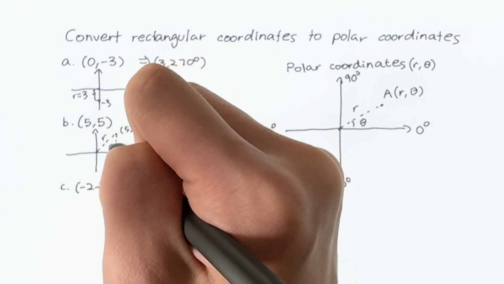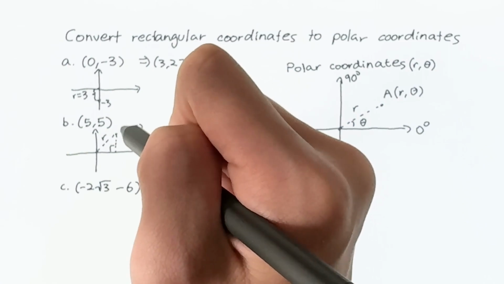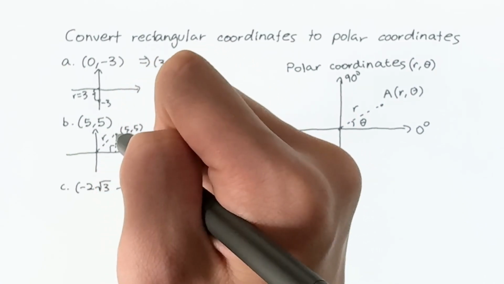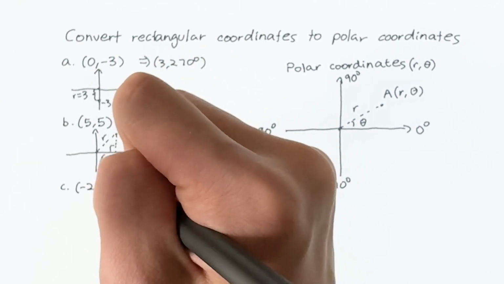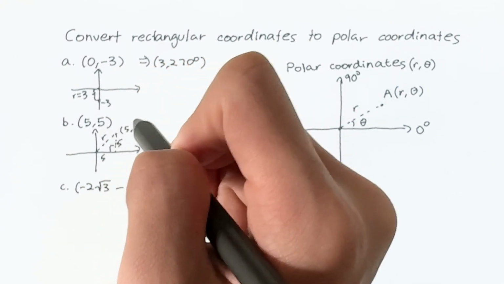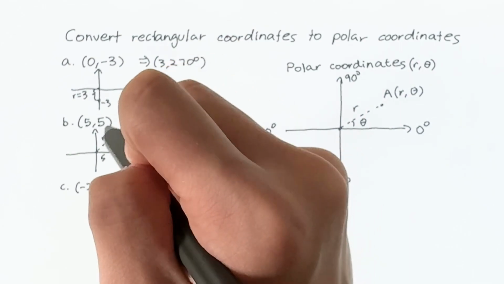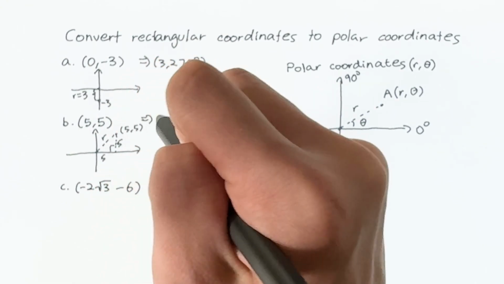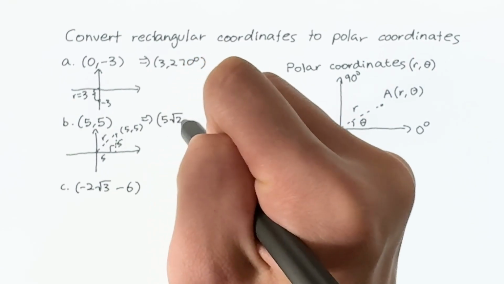So if you draw a perpendicular line down and construct a right triangle, then, since these two legs are equal, this is an isosceles right triangle. So if this leg is 5 and this leg is also 5, r equals 5√2 by the ratios of the side lengths. And then, in the isosceles right triangle, this angle equals 45 degrees. This means that the polar coordinates are (5√2, 45 degrees).